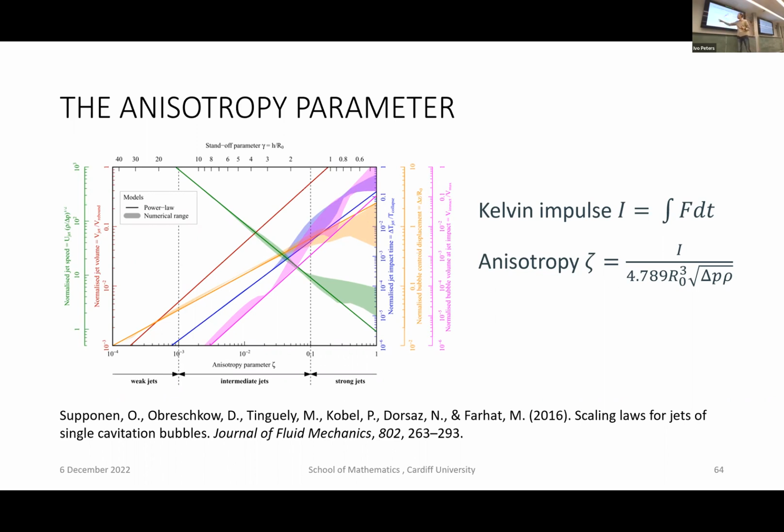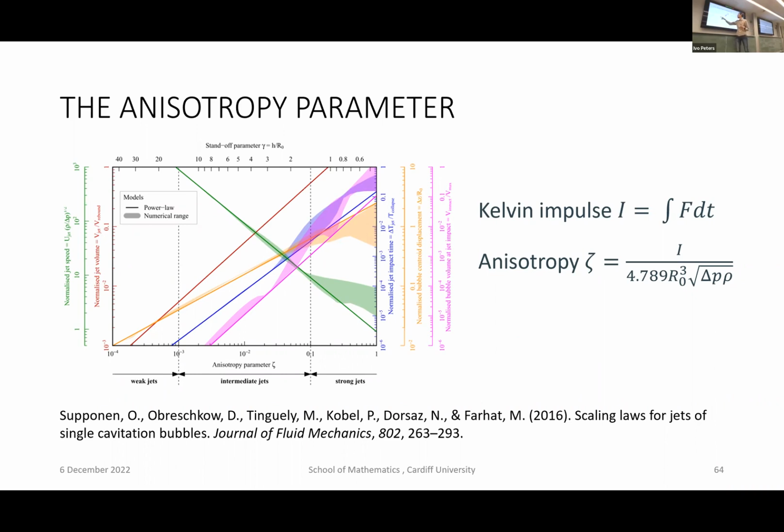So on this axis is the anisotropy parameter, and the nice thing about this parameter, which is basically a non-dimensionalized version of the Kelvin impulse, is that the Kelvin impulse is kind of like the liquid impulse that's in your system. Once you have calculated this anisotropy parameter, you can say a lot of things about your bubble.